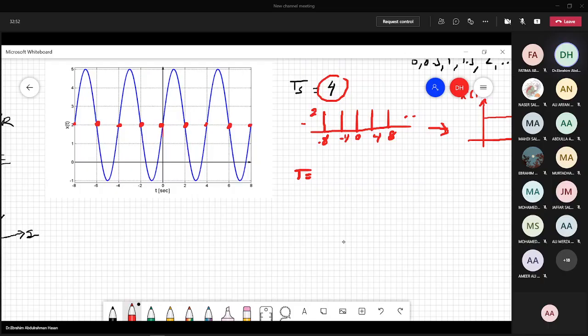But if you take the sampling period equal to 1, for example, then you will get this value, then here, then this value, then here, then this value, then this, and so on.